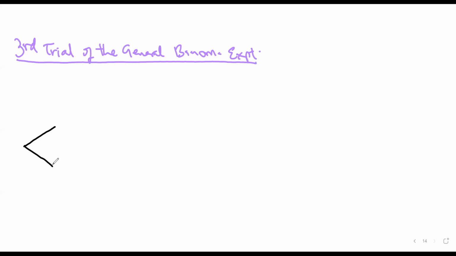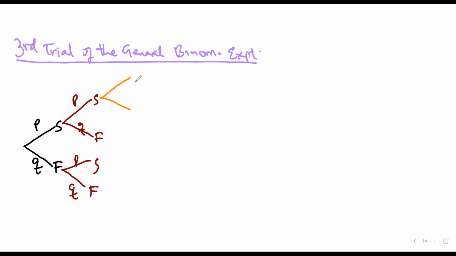The first set of branches, success, fail, this would be P and this would be Q. The second level of branches, success, fail, or here, success, fail, this would be P, Q, P, Q. And the third level of branches will be given by success, fail, success, fail, success, fail, or even here, success, fail.